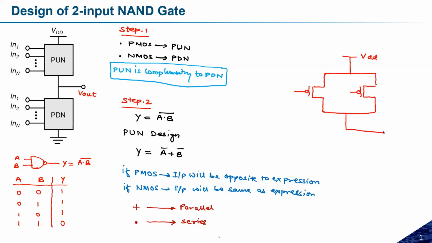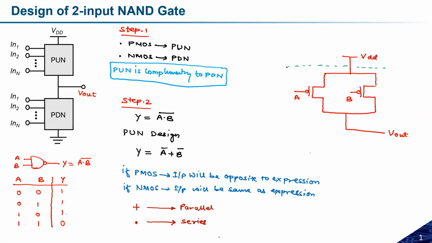From this diagram, the pull-up network is in between V output and VDD. Because here we have A bar and B bar, these two inputs should be A and B, and this is the design of the pull-up network.